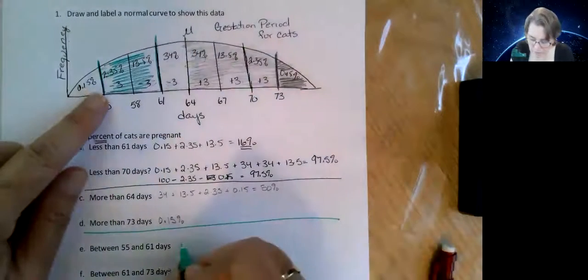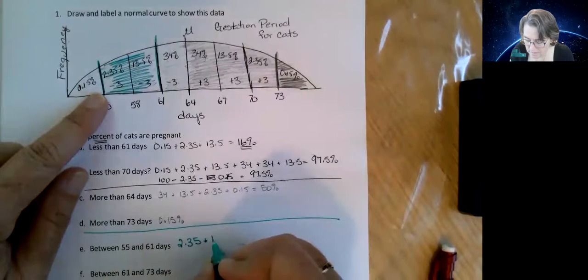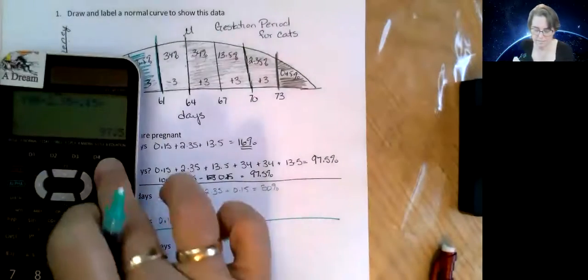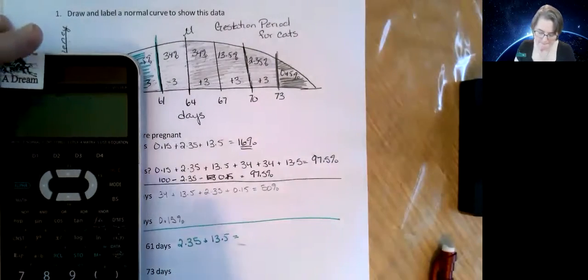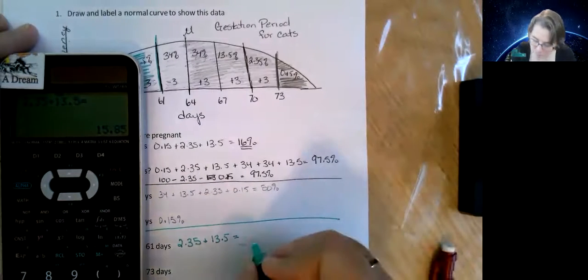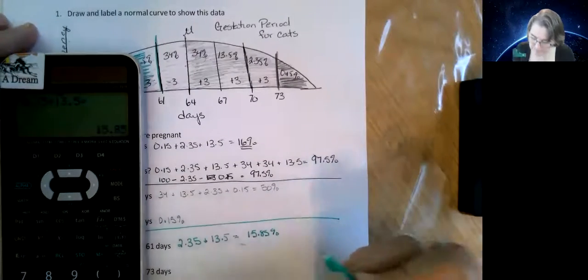So we got 2.35 plus 13.5, which is 15.85%. And there we go.